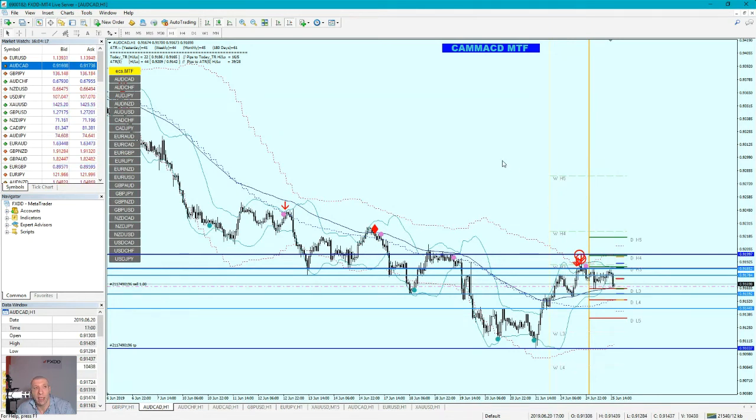So the Australian dollar CAD is still bearish, but for continuation of this trade, we should see it closing below this trend line.